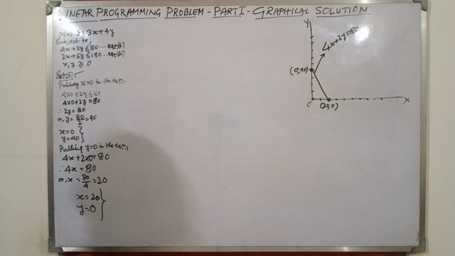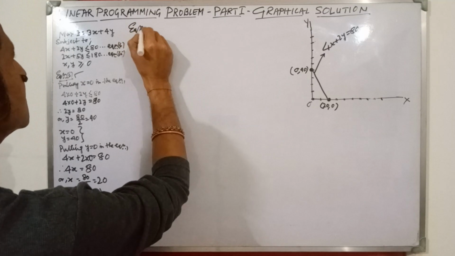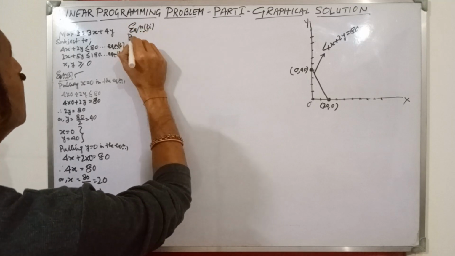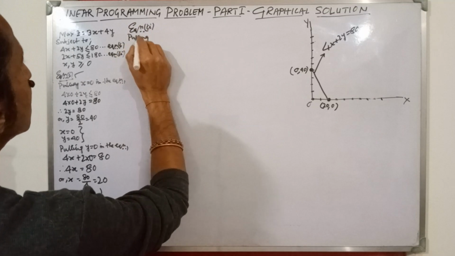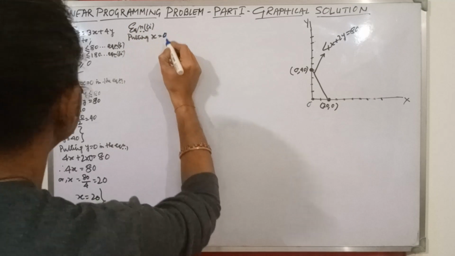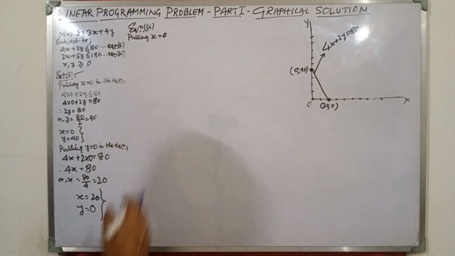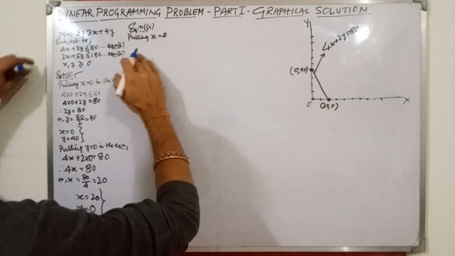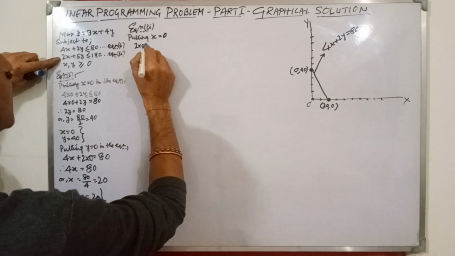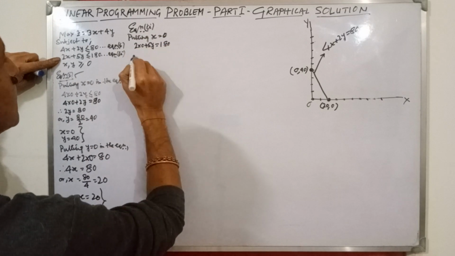Now come to equation number 2. We shall follow the same procedure as we have done in the case of equation number 1. Putting x equals 0 in equation number 2, we get 2 into 0 plus 5 into y equals 180.